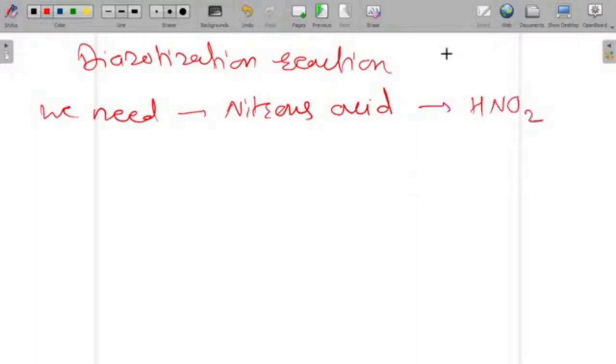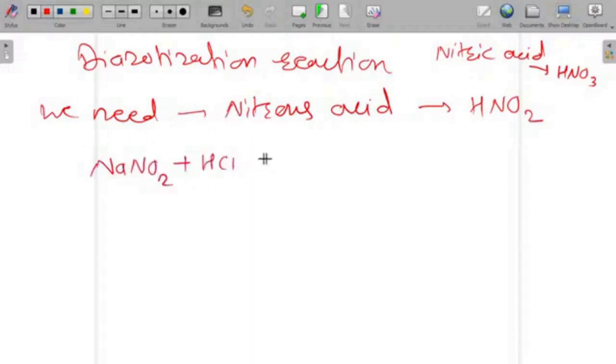Nitric acid is HNO3; here one oxygen atom is less. Nitrous acid is HNO2. How is this nitrous acid formed? It is formed by the combination of NaNO2 plus HCl. NaNO2 plus HCl form HNO2 plus NaCl.